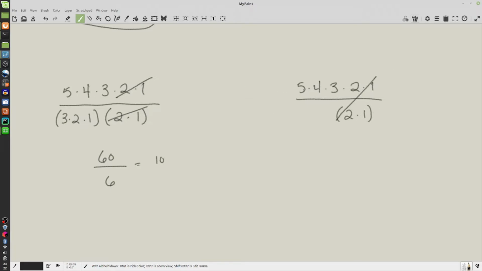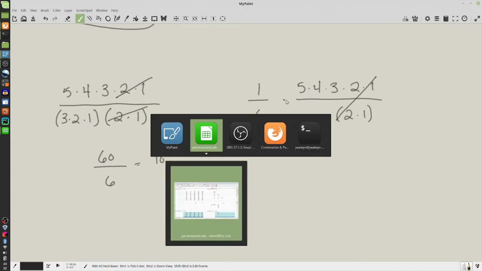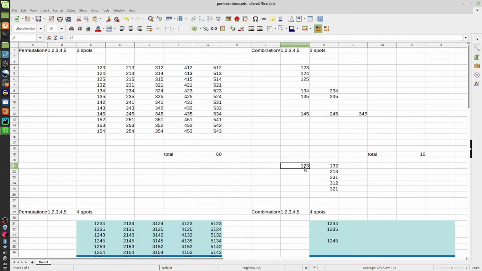But then here's our number, and let's just take 1/6 of that, because I know that for every combination of 3 numbers, I only want 1 out of every 6.